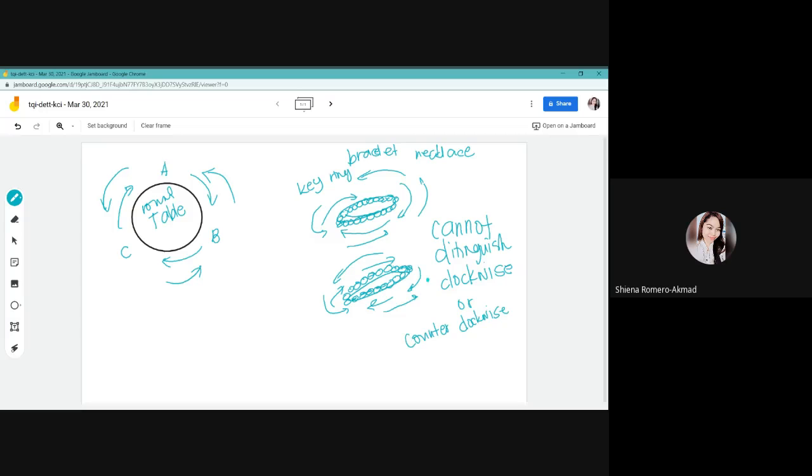You cannot identify clockwise and counterclockwise anymore. So kung dito, I have here permutation is equal to n minus 1 factorial. At kung meron akong tatlong person, all I have to do is to substitute that to n. I'll have 2 factorial, and that's equal to 2.